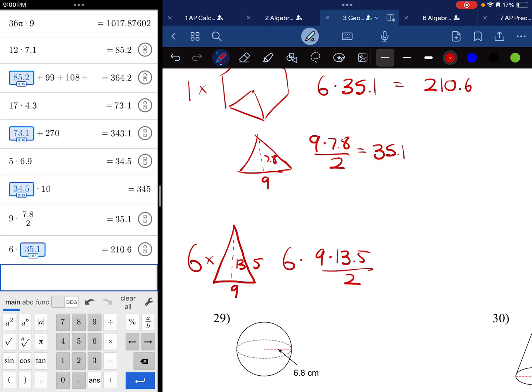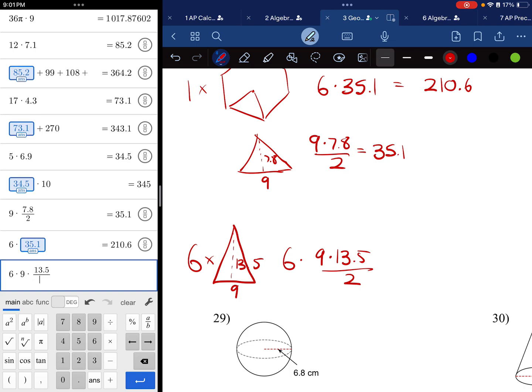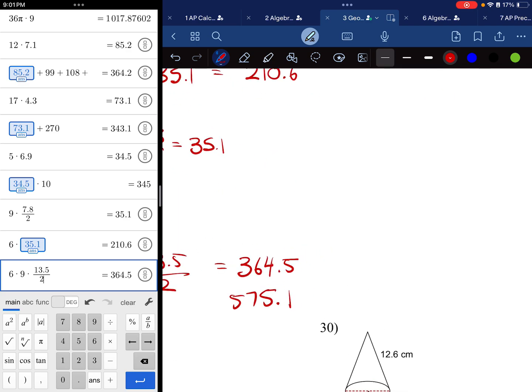I'm just going to type this into the calculator: 6 times 9 times 13.5 divided by 2, and I get 364.5. Adding that together, there's a 1, carry the 1, that's a 5. There's a decimal place, no carrying, it's a 7 and a 5. I get 575.1. Units here are going to be inches squared for my final answer.